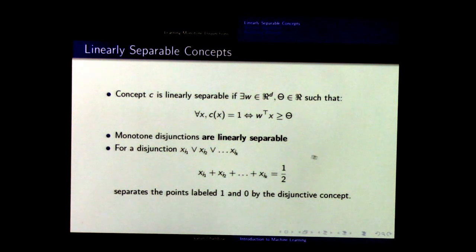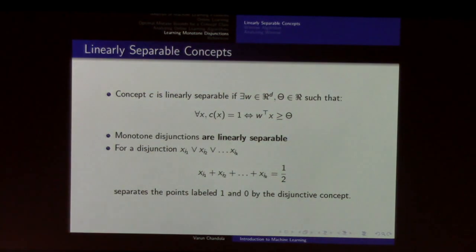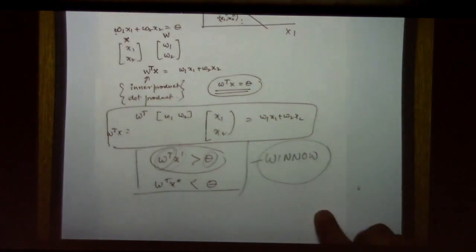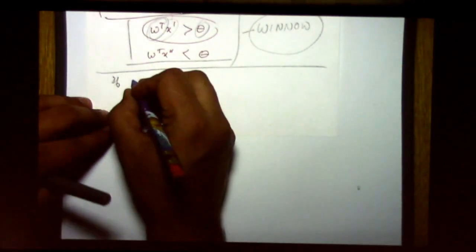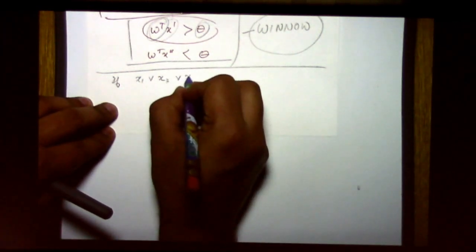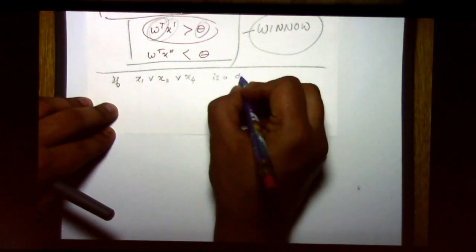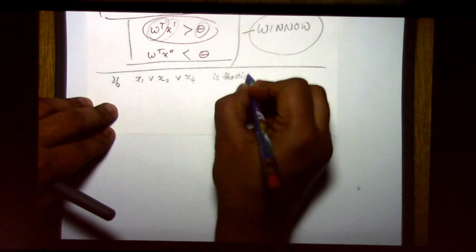So let me just quickly use the buffer time a little bit. So if x1 or x3 or x4 is the concept, the disjunctive concept.